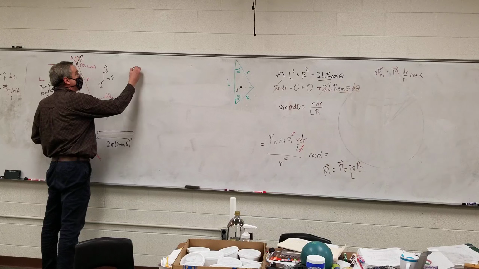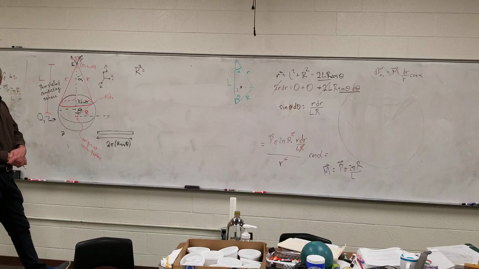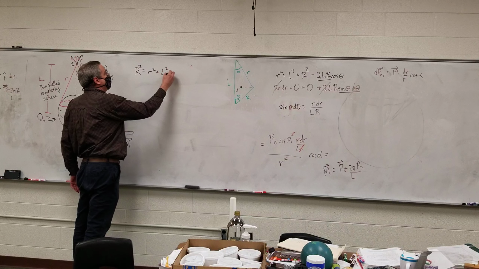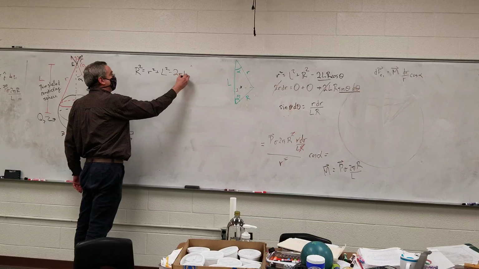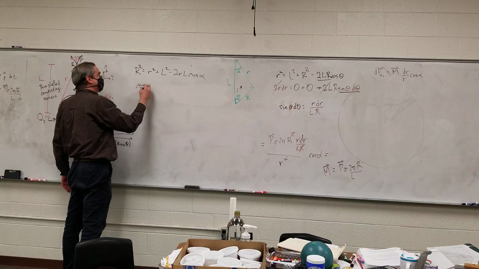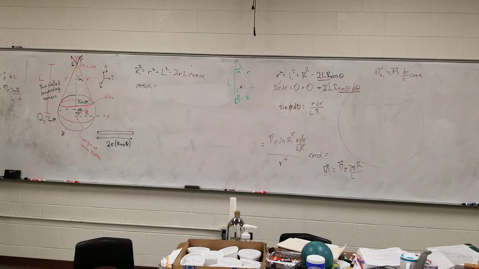So using law of cosines, what does big R squared equal? Little r squared plus L squared minus 2 little r L cosine alpha. Yep. So cosine of alpha equals what? No fancy math, just algebra. What does cosine alpha equal?